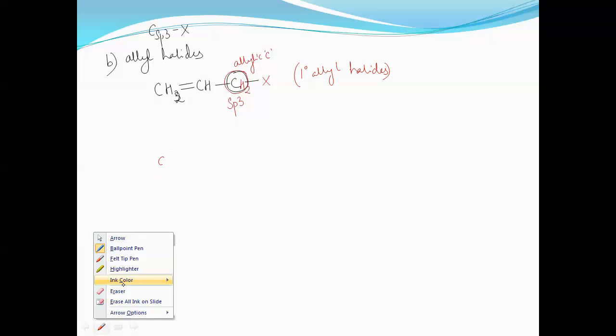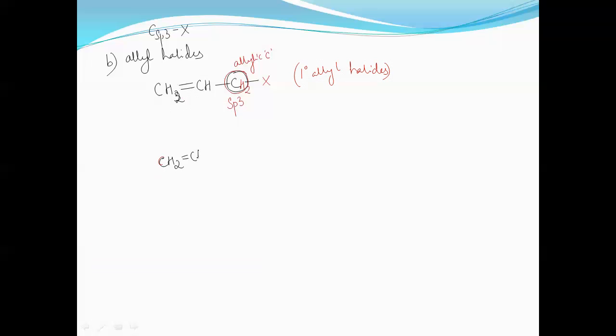And if this halogen is attached to an sp3 hybridized carbon atom but to a secondary carbon, this is an allylic carbon in this case, because this carbon is attached to a C=C and this is sp3 hybridized. These are secondary allyl halides.